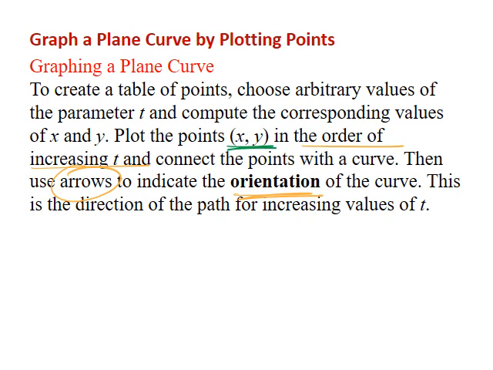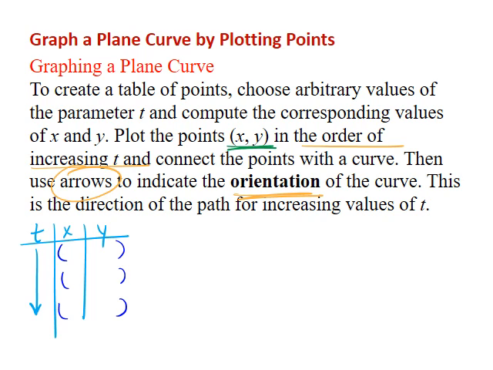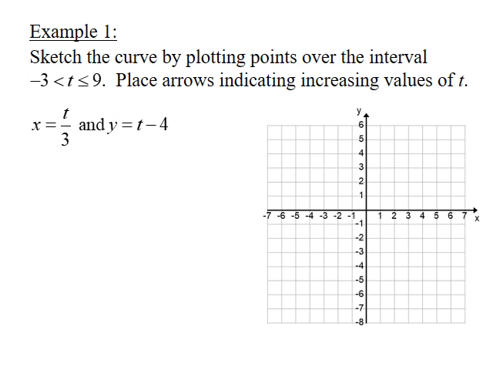It sounds a little difficult, but all we're going to do is pick increasing values of t, which represent time, and then find the corresponding x and y for that, which will create the ordered pairs, which we will plot. So let's take a look.